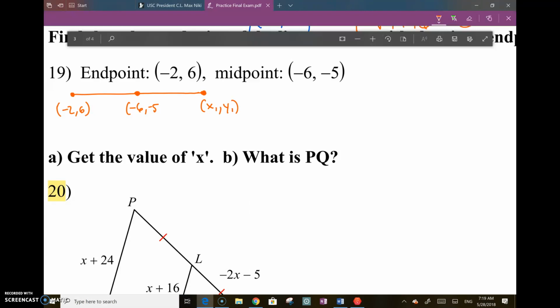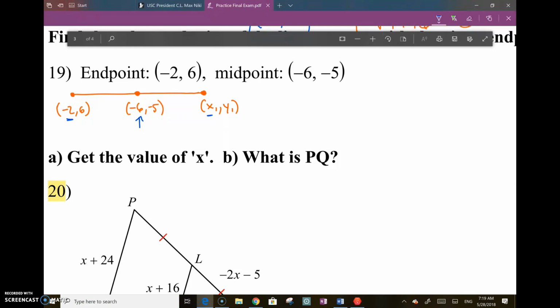Again, we have to apply the idea of the midpoint being the average of our x's and the average of our y's. So I could say that the average of this value and whatever that would be would equal this -6 over here.